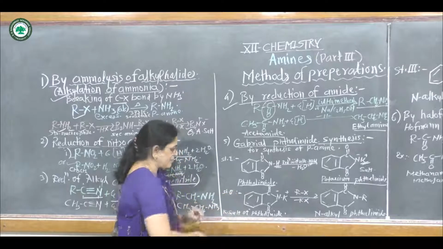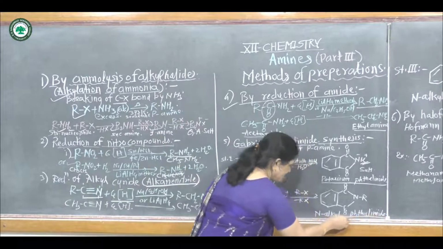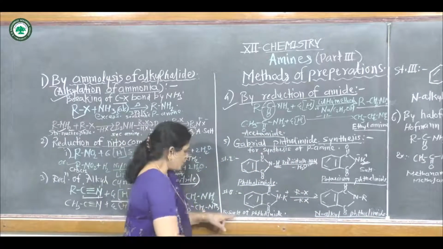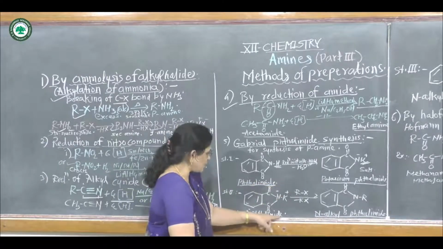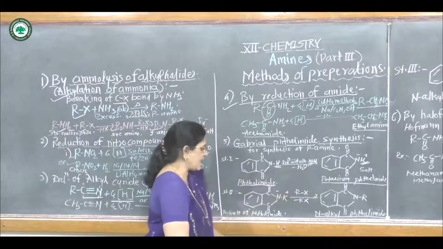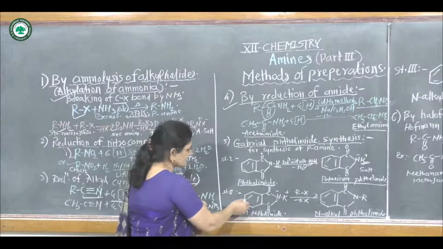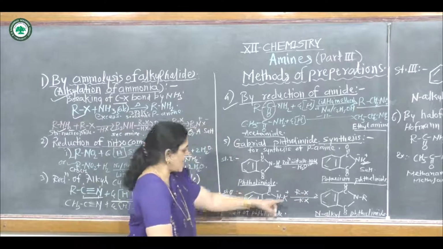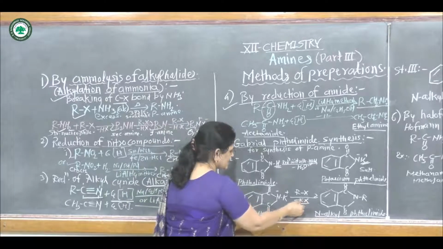Then the second step is formation of N-alkyl phthalimide from the potassium salt of phthalimide. That means this potassium phthalimide, which is prepared in the first step, if it reacts with alkyl halides, suppose RX, it eliminates potassium halide.